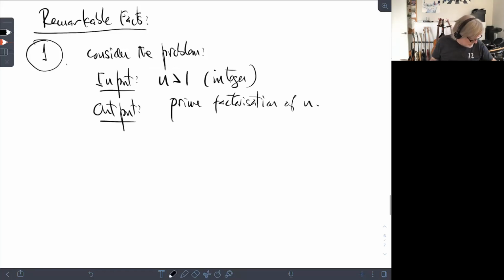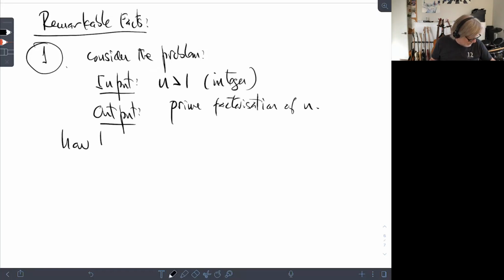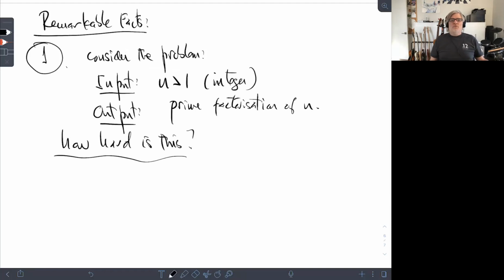So if the input is 100, I want you to output 2 squared times 5 squared. Okay, so how hard is this? In the sense, do we have an algorithm which is efficient to do this? Answer, not yet. And probably we'll never have one, but okay.